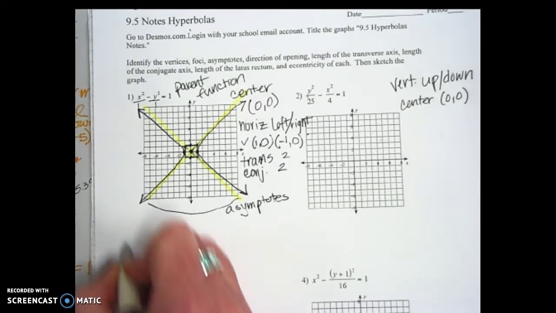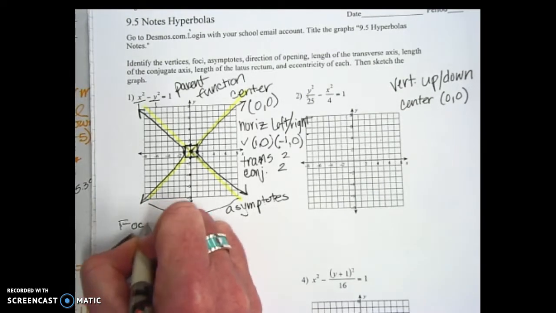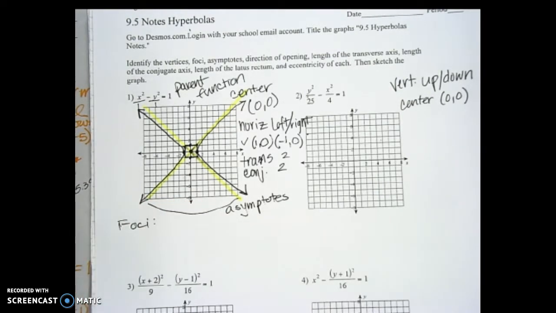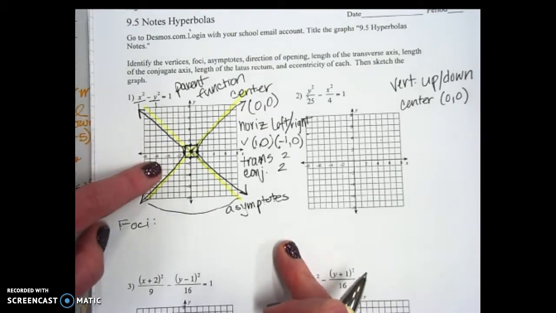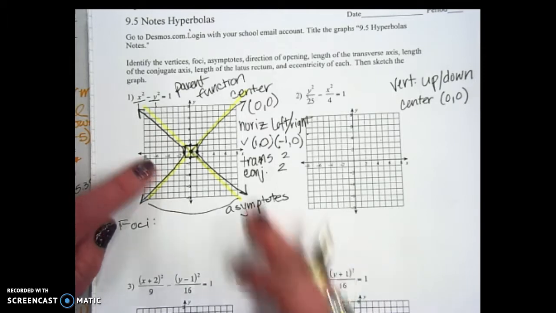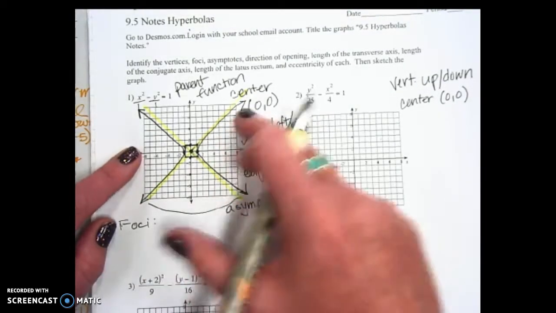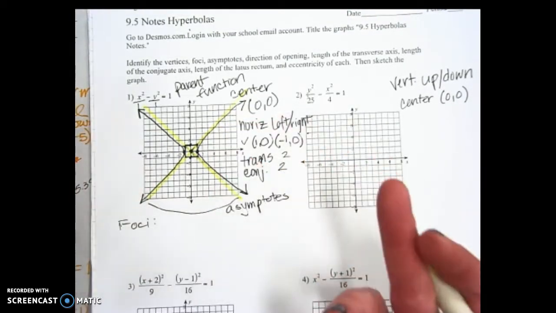All right, so the last thing we need to do is find the foci, which is basically 2 points that are going to lie within the hyperbolas. So somewhere in this space, we're going to have a point, and that's what we're going to use the other color highlighter for. And on matching on this side, we're going to have a second one.